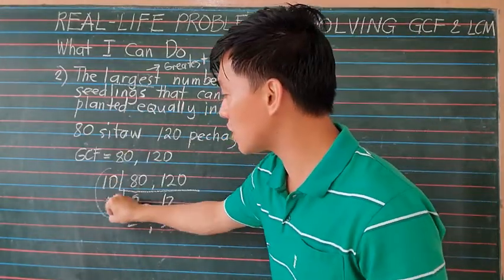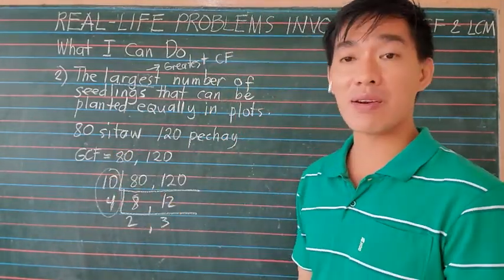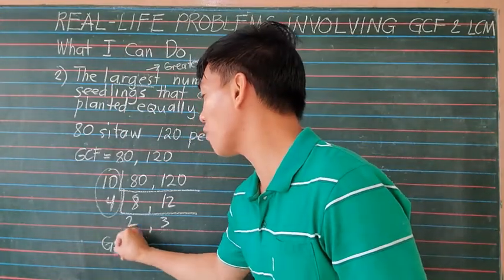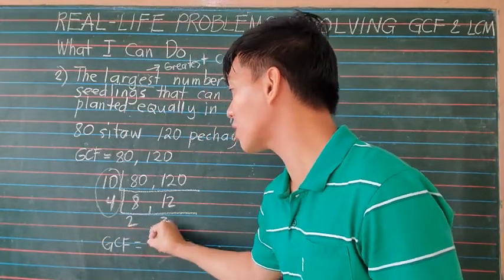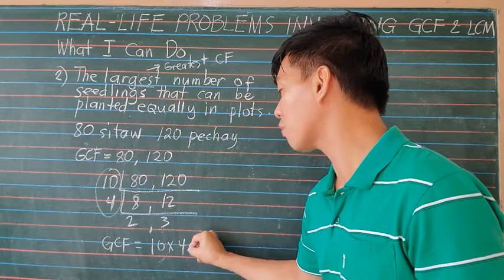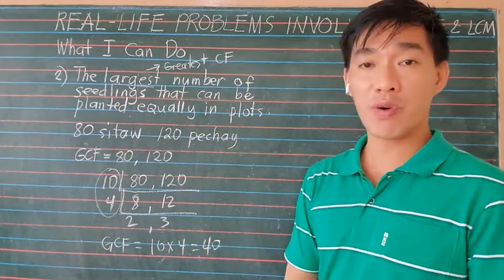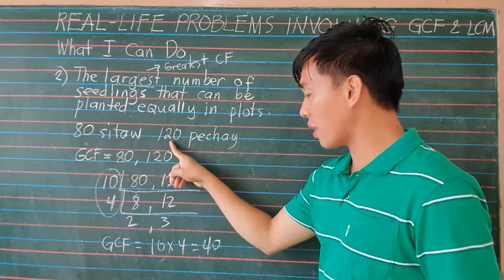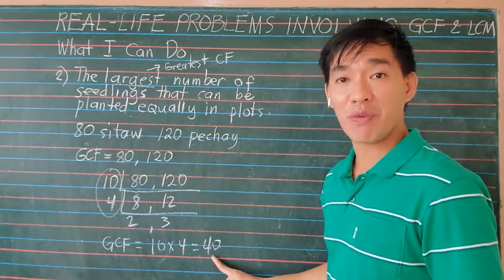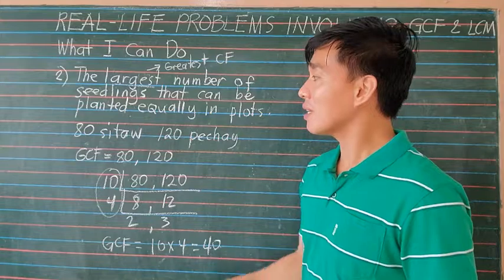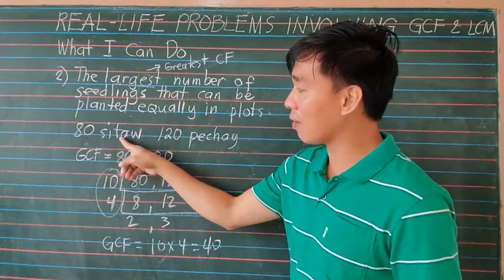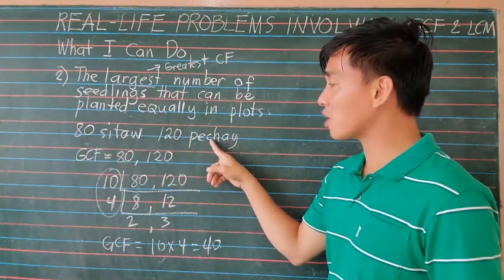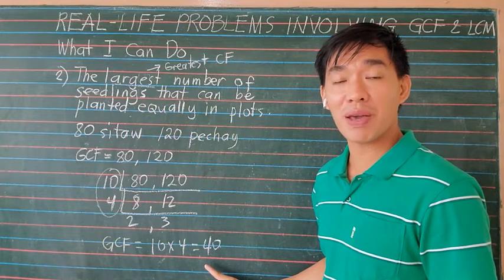So here's your GCF. Your GCF of 80 and 120 is 10 times 4, which is equal to 40. So, 80 and 120 are both divisible by 40. It simply means that 80 sitaw and 120 petchay are both divisible by 40.